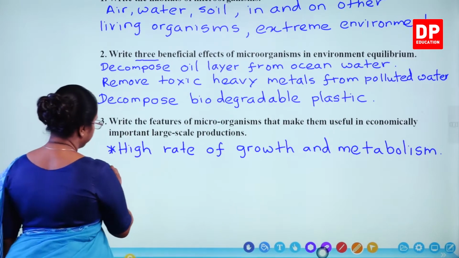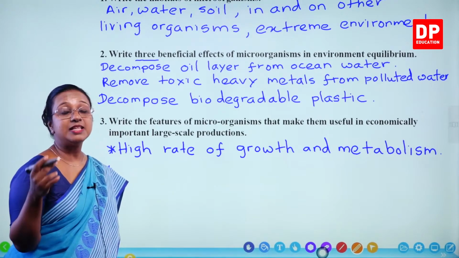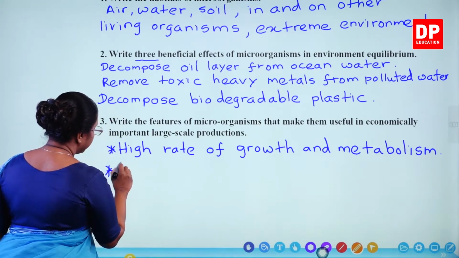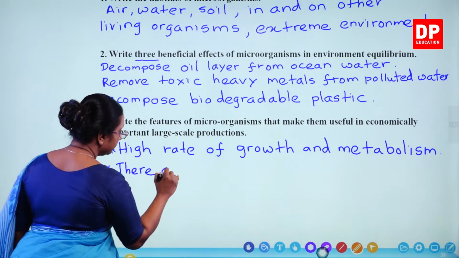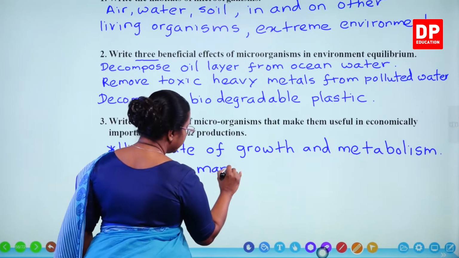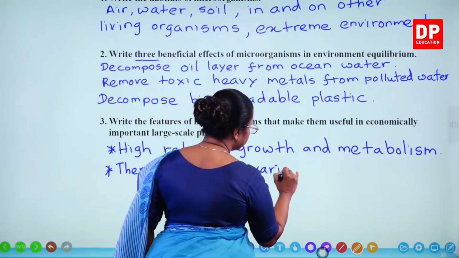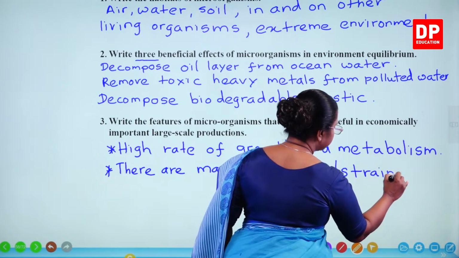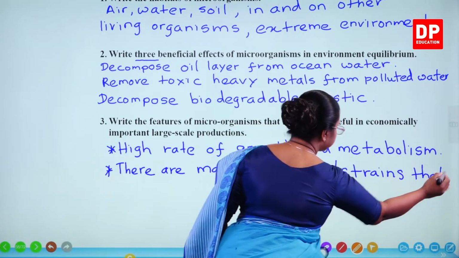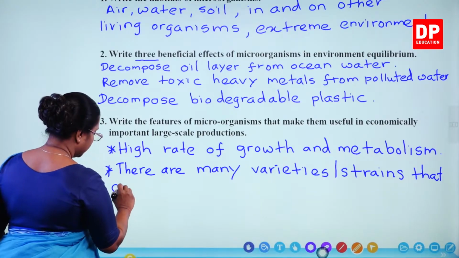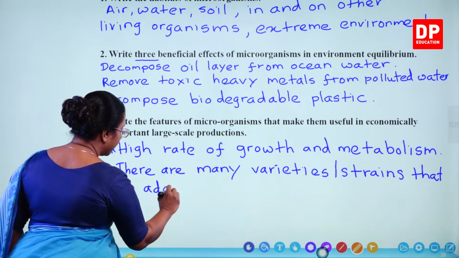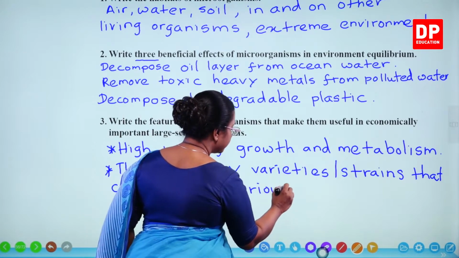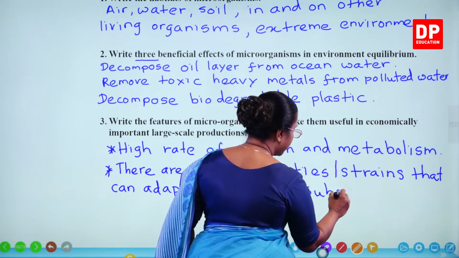Then what else? There are many strains that can adapt and live in different substrates. There are many varieties, or what do you say, strains that can adapt to various substrates.